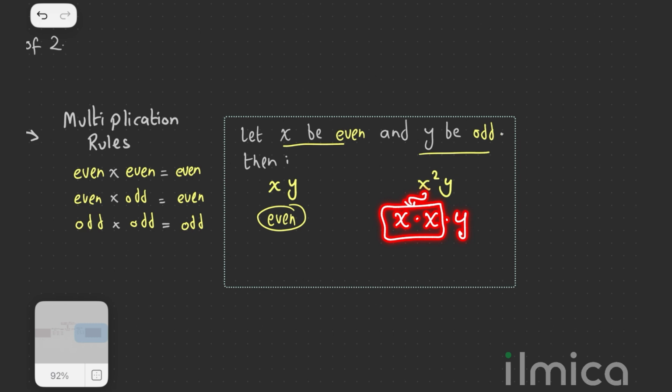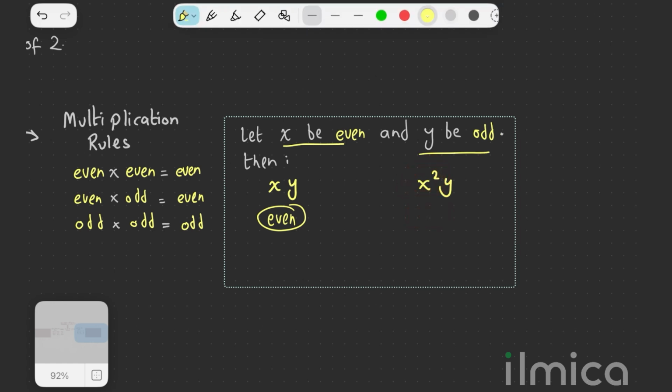Now again, following the same rule, we know that x is even, so x times x is going to be even times even. Which rule applies in that case? We have this rule that should be applied. Because x and x are both even, we get an even number according to this rule. So x squared is going to be even.